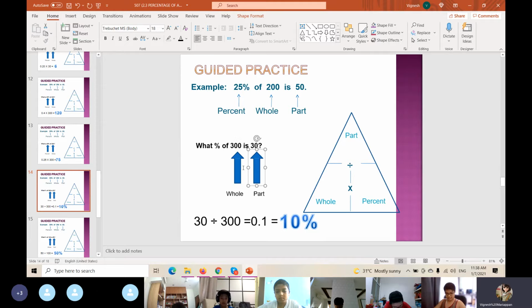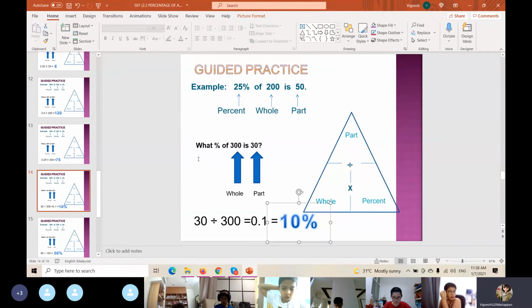Let's say in the questions I won't be giving these tips, which one is whole number, which one is the part. Both are numbers. You should automatically know that the smaller number is the part, the bigger one is the whole number, correct?